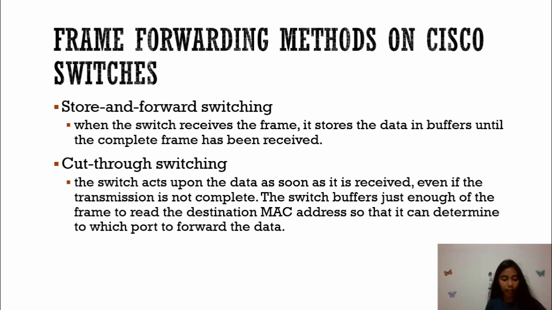These bad frames can create broadcast storms, wherein several devices on the network respond to the corrupted frames simultaneously. When the switch receives the frame, it stores the data and buffers until the complete frame has been received, while in cut-through the switch acts upon the data as soon as it is received, even if the transmission is not complete.